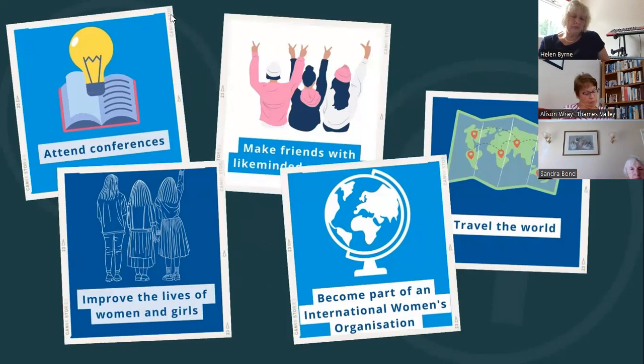So this is the thing, you attend conferences, but the so what is that you travel the world, you become part of an international women's organisation, you make friends, you improve the lives of women and girls. There are the esoteric, the nice benefits that make you feel good because you are making a difference, and you're raising money, and you're raising awareness, and you're helping people. That's the reason that you become a Soroptimist and you join. But actually, to me as a human, what I'm also interested in is, in this disjointed world, making friends with people that are like-minded, interested in the same things as me, building a community.